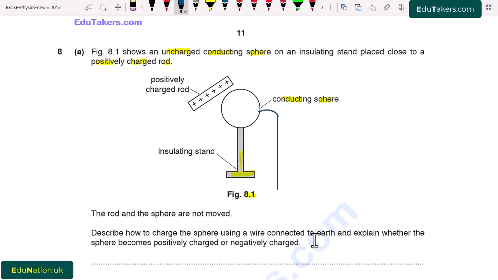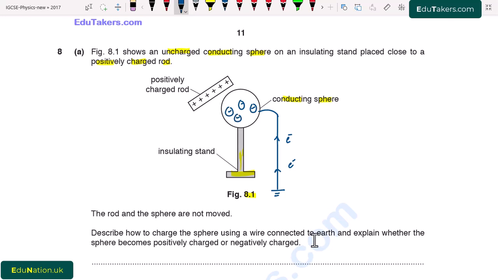So in the first step, I connect the conducting sphere with the earth wire. The electron flows from the earth to the conducting sphere. So there will be electrons, that are negatively charged, which flow from earth into the conducting sphere.